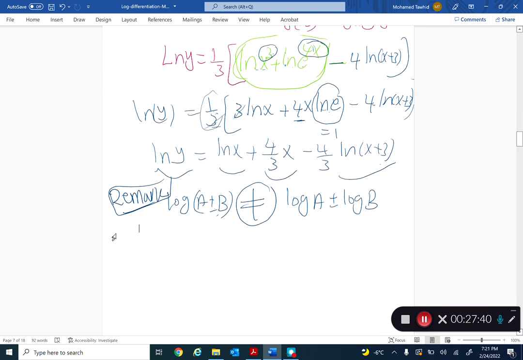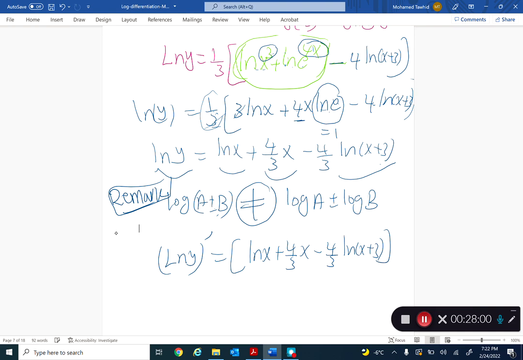So now, after I simplify using the laws of log, what is next? Just go ahead and take the derivative of both sides. So that is ln y prime, and here the whole thing, ln x, I'm just copying, 4/3 x minus 4/3 ln of x plus 3, the whole thing prime.